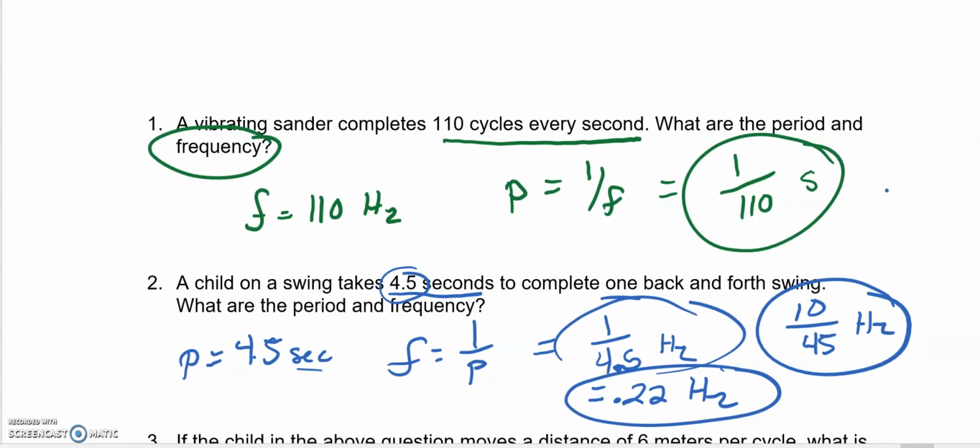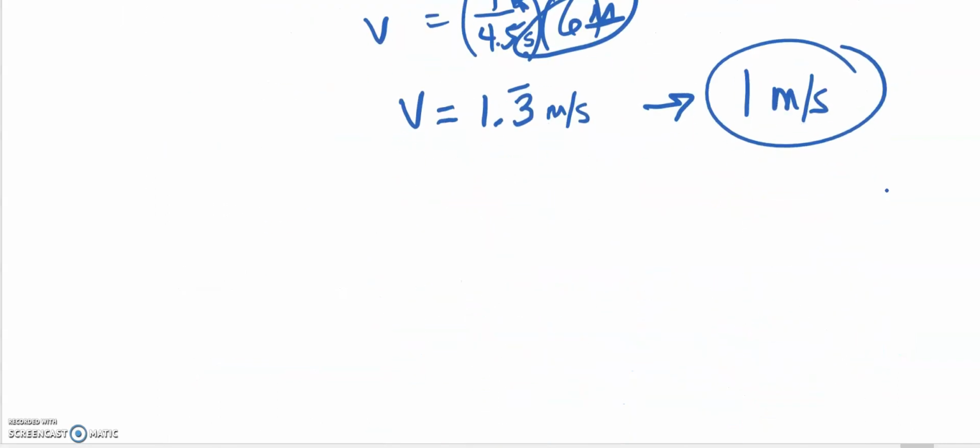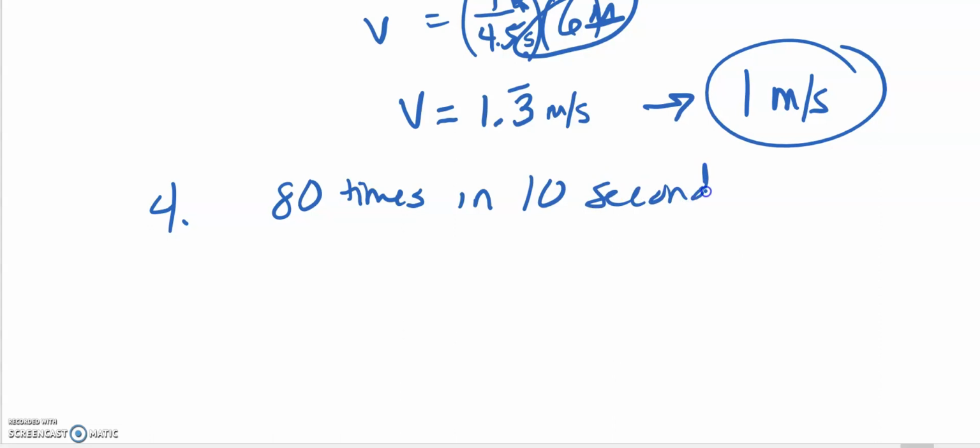Now, let's say that they give us a different type of problem here. I didn't have one of these typed up, but let's say it tells us that something oscillates 80 times in 10 seconds, and it wants to know what the frequency and the period are. You're still going to be using the same idea as the definitions of those.